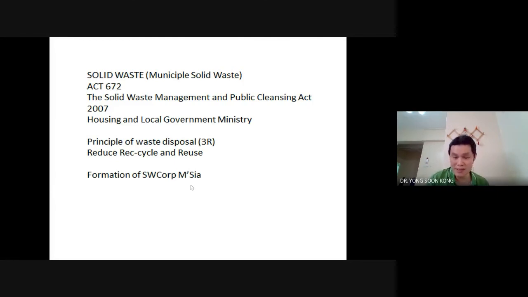Okay, so these are the things that the laws have provided, in which the majority actually encourage us to recycle. For those that cannot be recycled, like organic waste, last time they said they wanted to put it in landfill, but nowadays local governments also want organic waste so that they can produce compost. There are two major local governments in Malaysia actively doing that.